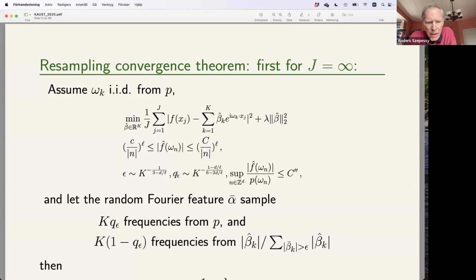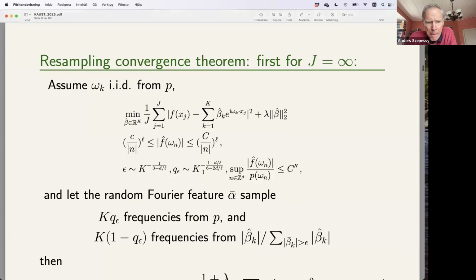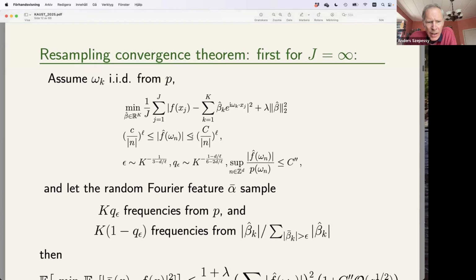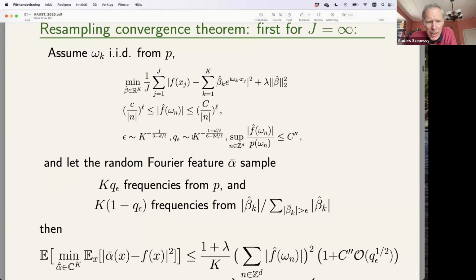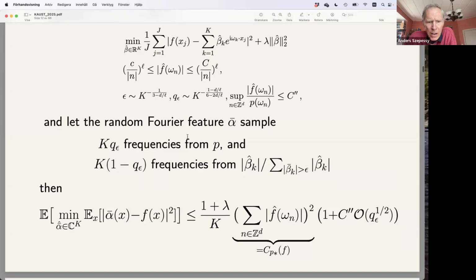And we need a cutoff parameter, which depends on the number of nodes, so that the cutoff goes to 0 when the number of nodes goes to infinity. And then we have a number q that is basically the square root of the cutoff epsilon, which is small also and goes to 0 as we take an infinite number of nodes. So then with this parameter set, we want to do the resampling.